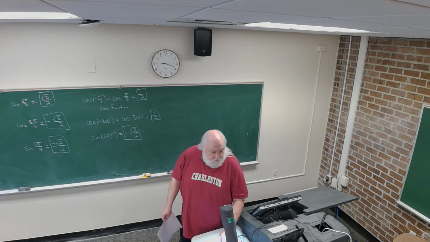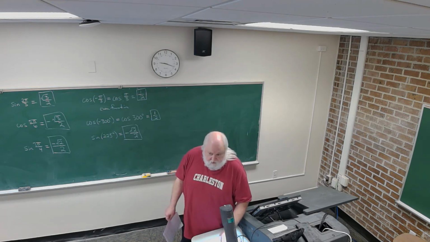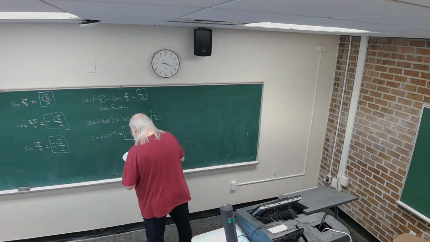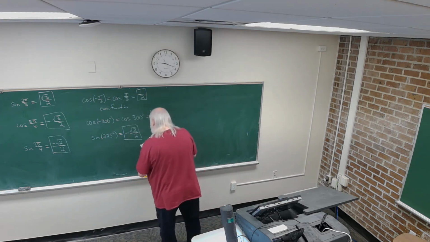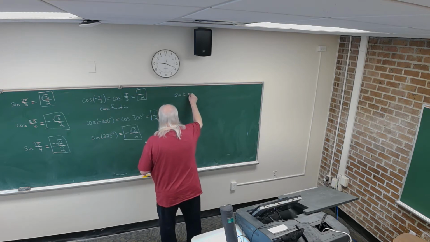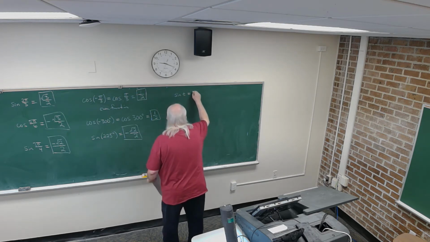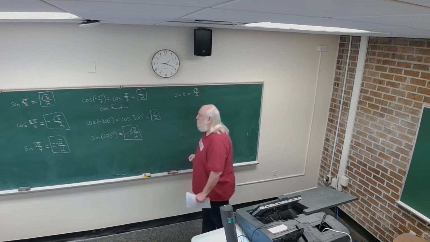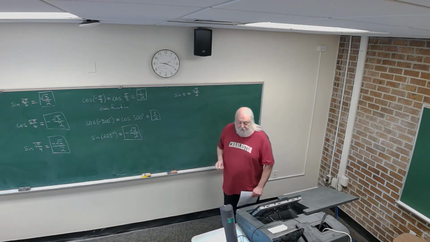Now the interval is from 0 to 2 pi, so the implication is t has to be in radians. So we have to find all the angles t in radians between 0 and 2 pi that satisfy that equation.